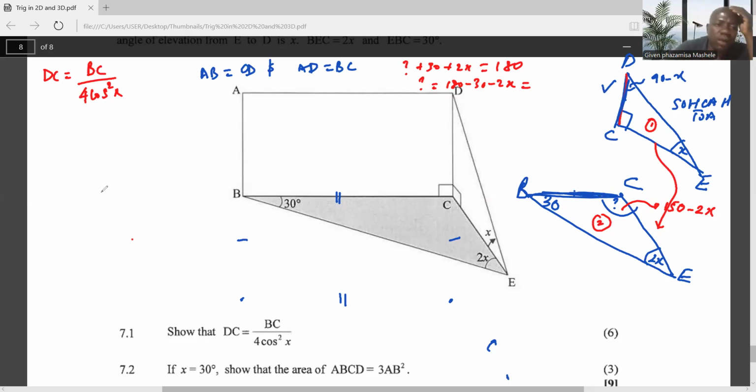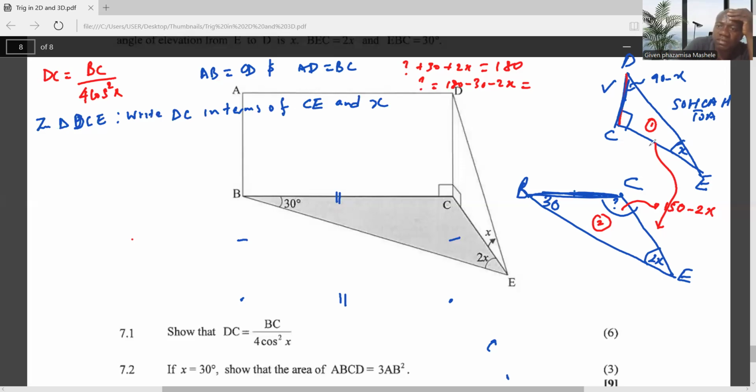So now we're going to say, in triangle DCE, let's write the DC we're looking for in terms of CE and the trigonometric ratio of x.